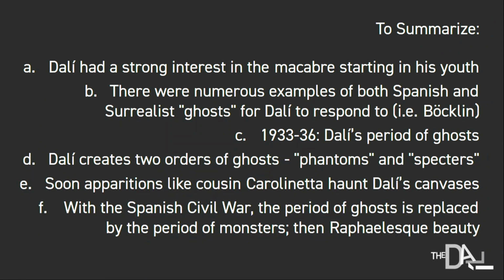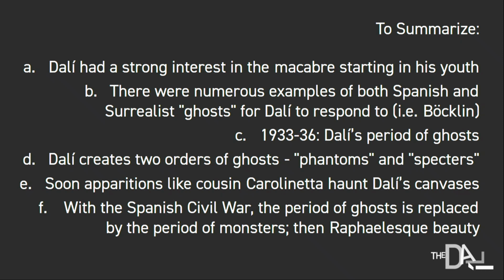So just to briefly recap what we talked about, Dalí has an interest in the macabre, which leads to his interest in both Spanish and Surrealist images related to ghosts. The mid-1930s, from about 1933 to 1936, is Dalí's period of ghosts, and that eventually gets bifurcated into phantoms and specters.